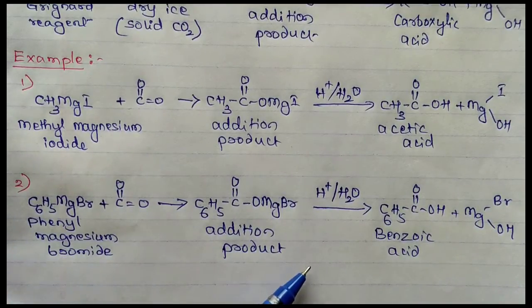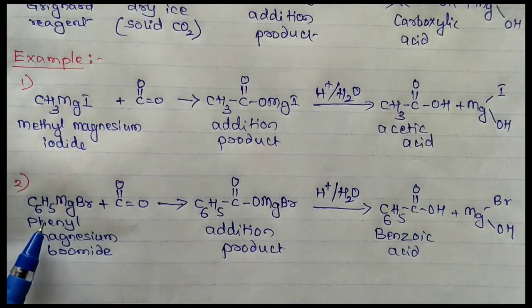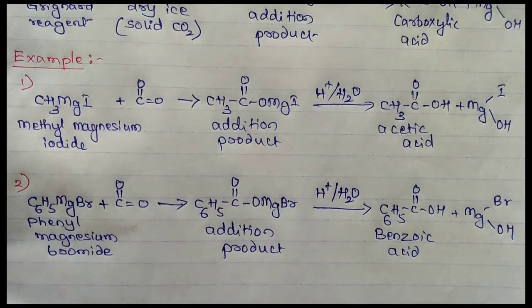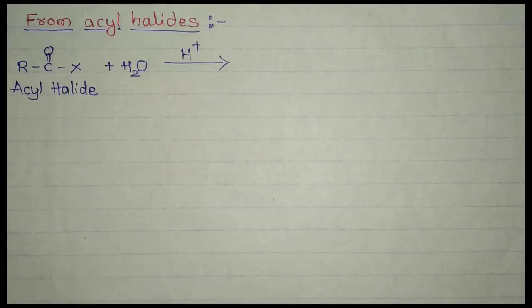These are the examples of preparation of carboxylic acid starting from Grignard reagents.